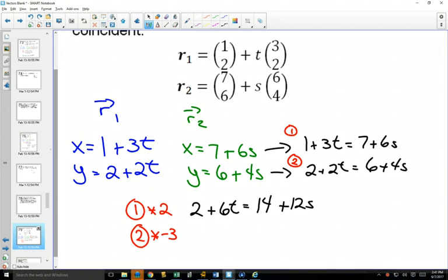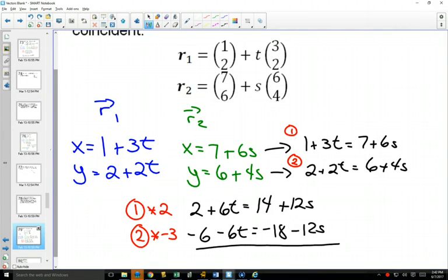One will be positive, one will be negative. Negative 6 minus 6t equals negative 18 minus 12s.